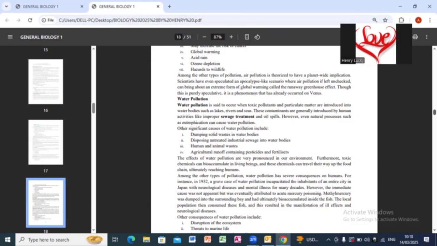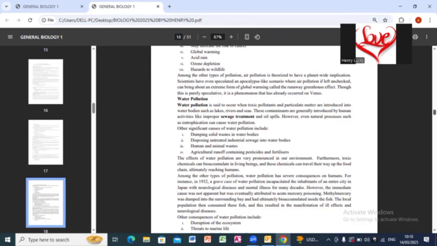What about defecating in water? So we've seen a lot of all these things. And when water becomes polluted, it leads to serious issues such as filariasis, schistosomiasis, and the rest of them.